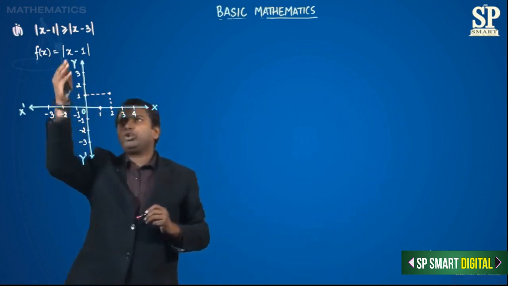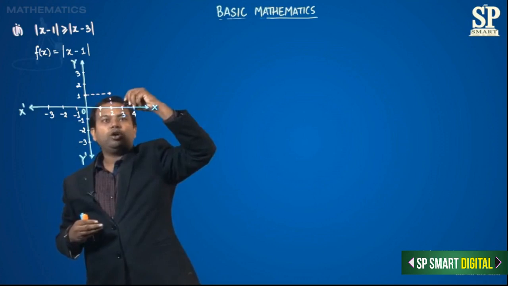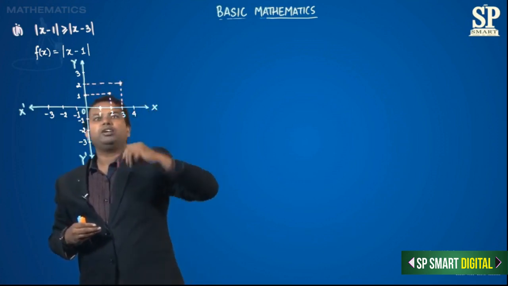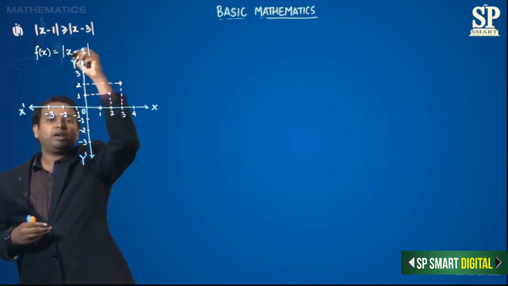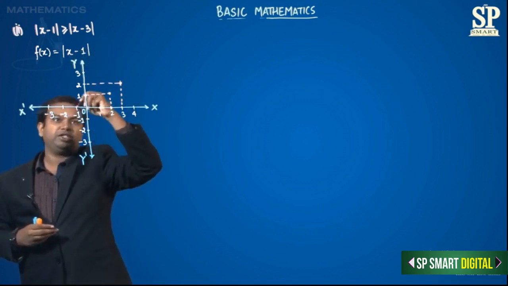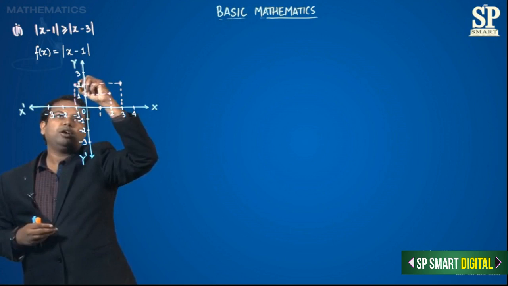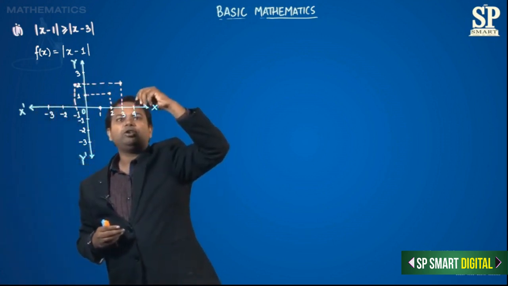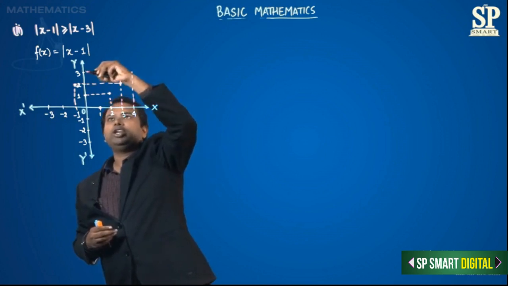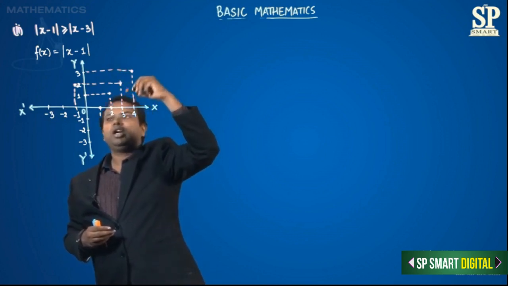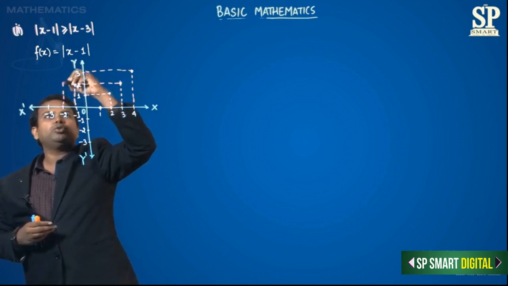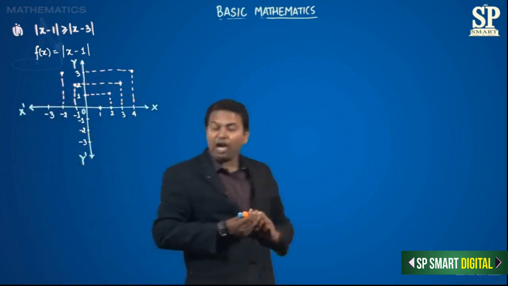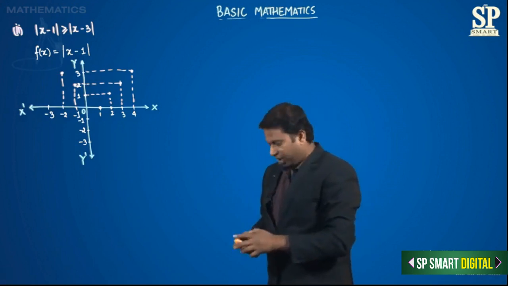When we take x equal to 3, we get the value of f of x as 2, and when we take x equal to minus 1, it becomes minus 1 minus 1, which is minus 2, and the modulus is 2 again. Similarly, at 4, we have the value equal to 3, and at x equal to minus 2, we get the value again as 3. Now let us try to plot this function.